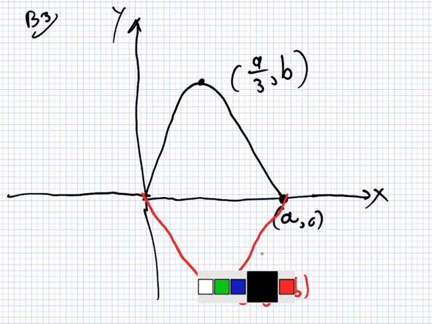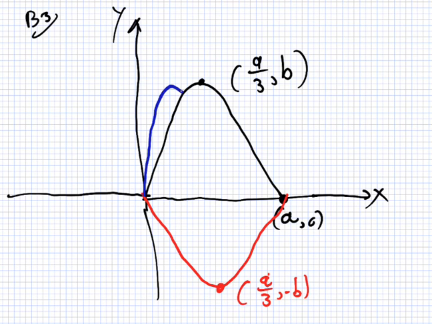Okay, what does the next one do? I'll do it in blue. Not quite. Compresses by 2 units. So the graph would look like this. Hang on, let me try that again.